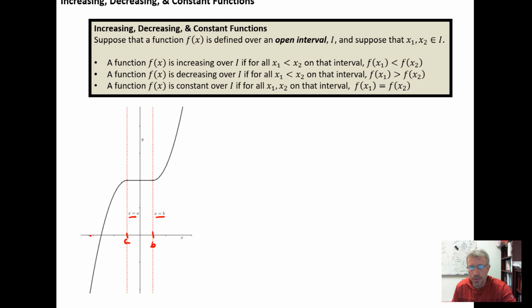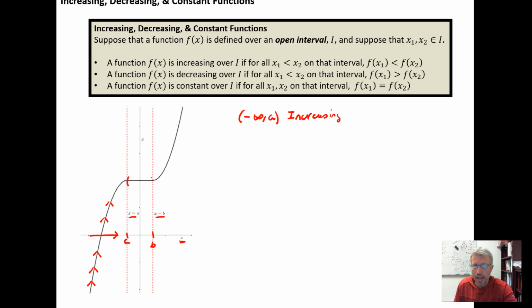So what we want to notice is that as we move from left to right along the input or x-axis, the function, even though it's negative initially, is moving upwards, so the function is increasing. So I could identify that moving from negative infinity towards a on that open interval, the function, because it's moving upwards, the outputs are getting larger and larger and larger, so the function is increasing.